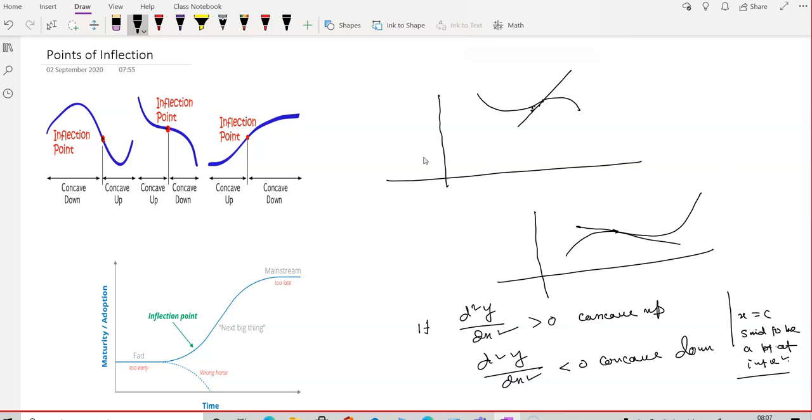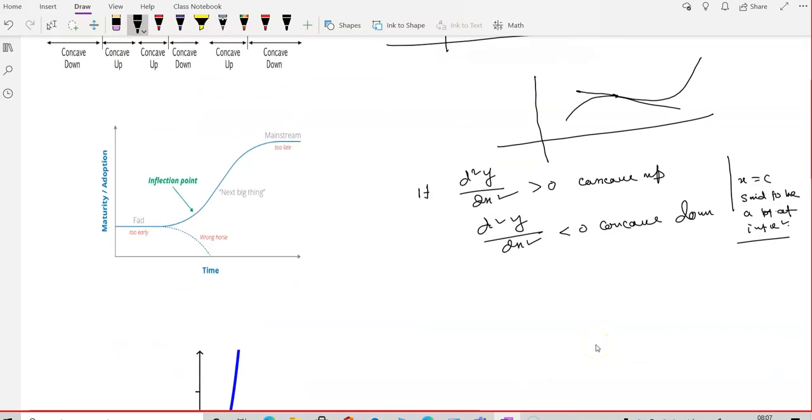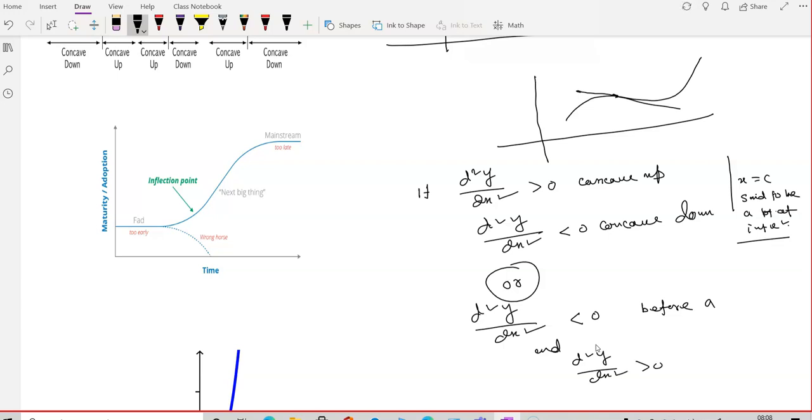From this notation, if it is concave up before and concave down after, or the opposite case, d square y by dx square will be less than 0 just before the point A and d square y by dx square greater than 0 just after the point A. Then at the point A we will say that there is a point of inflection.